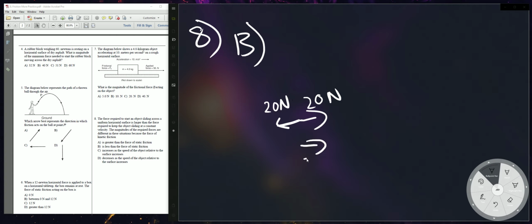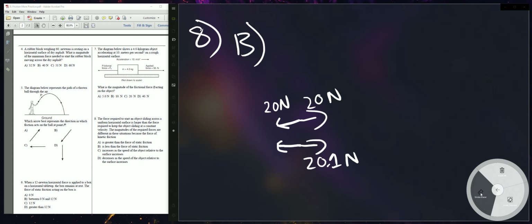But let's say I apply a force of 20.1 newtons and it finally starts moving. Then kinetic friction starts taking place. And the kinetic friction is less. Let's make this arrow like that, and say the kinetic friction is 18 newtons.